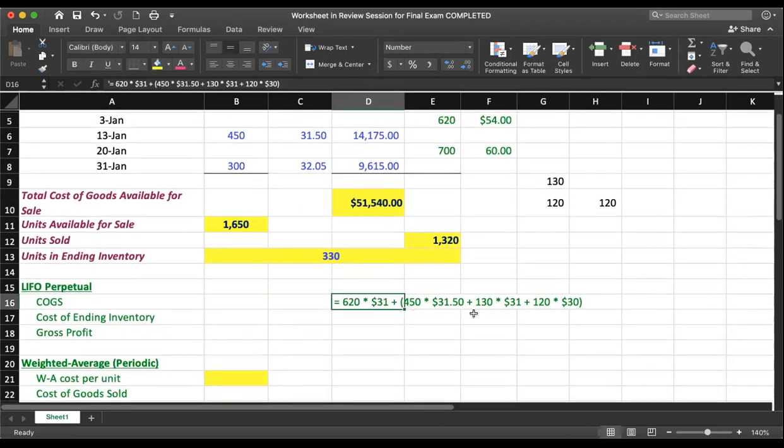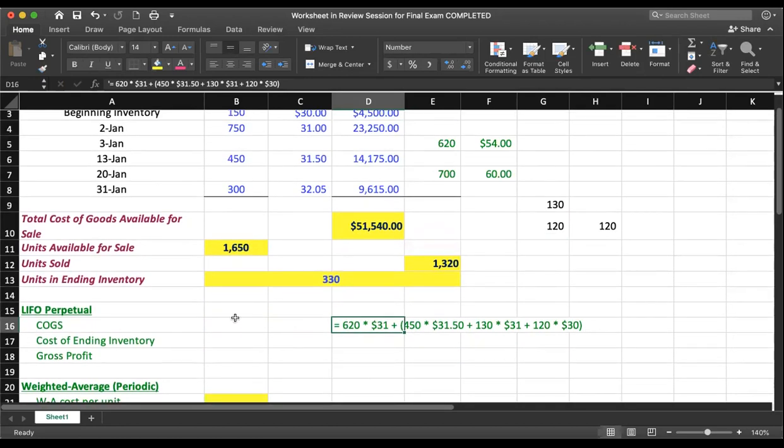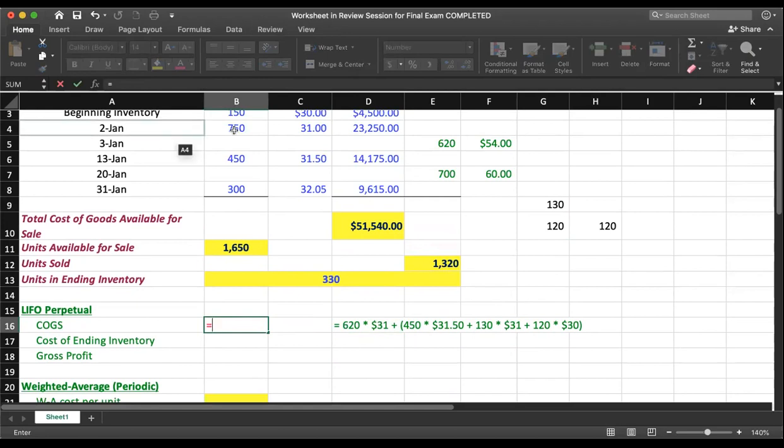So this is the formula down here to figure out the cost of goods sold.